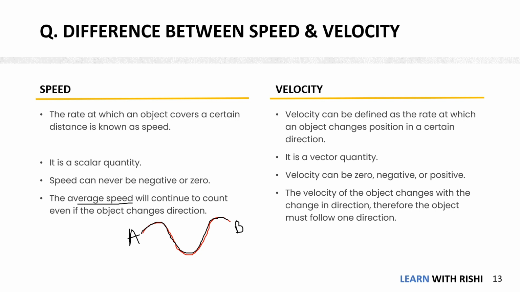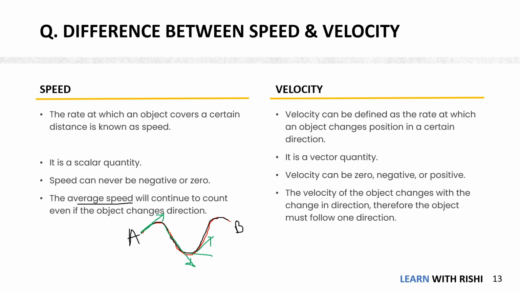But in velocity, while traveling from A to B, I have changed direction. While traveling on this road, I have traveled in this direction. Again, I have traveled in this direction. Again, I have changed my direction. I have traveled here. Again, I have changed my direction. So after a certain interval of time, I have always changed my direction.